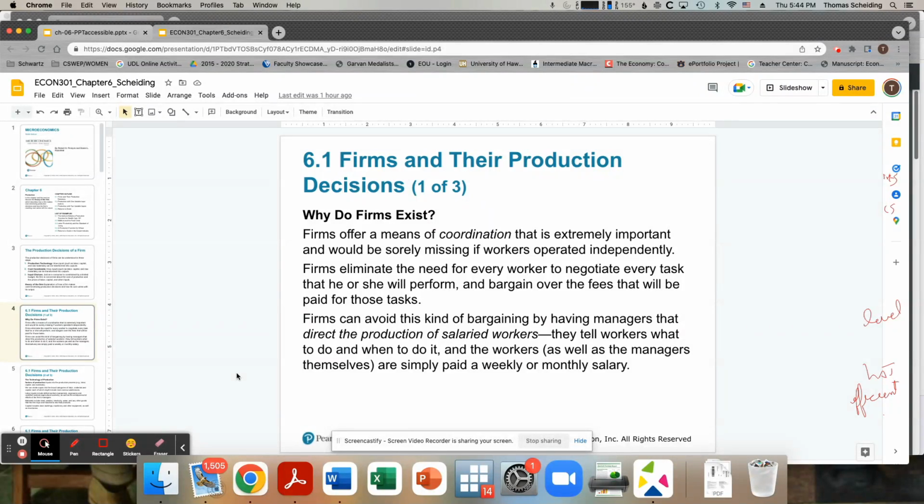Individuals would have to know quite a bit about the market in order to determine what to produce and how to price it. And having a business exist eliminates a great deal of those coordination problems. Now, the unfortunate part for the worker is that that coordination comes at a cost. That coordination costs something, and that would be that you work for someone else. The business will pay you, but they'll never pay you exactly what you produce for them because the business has to exist as well. They have to get paid, compensated in some way for producing things.